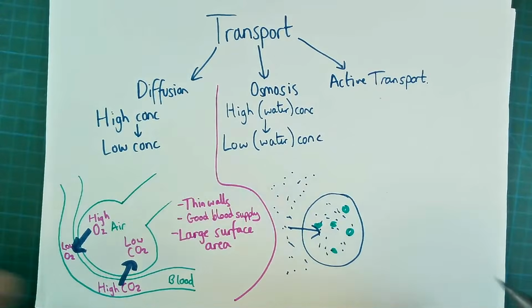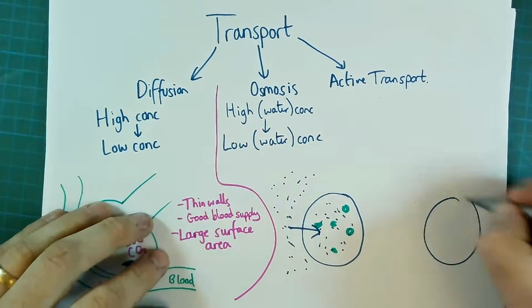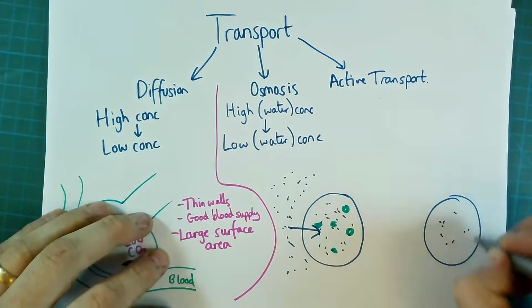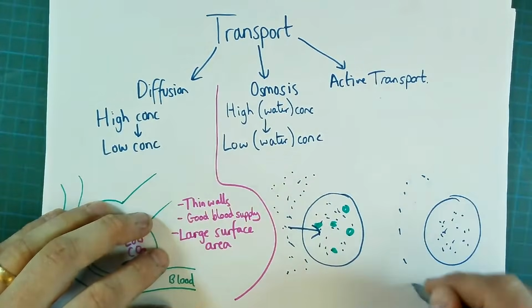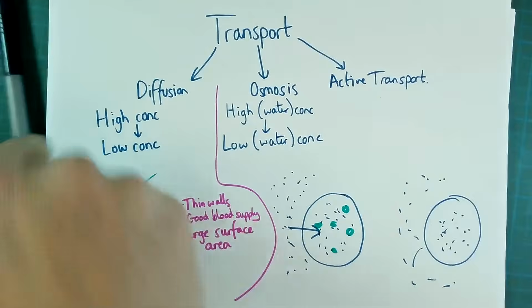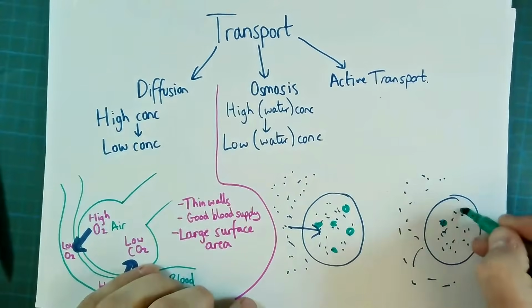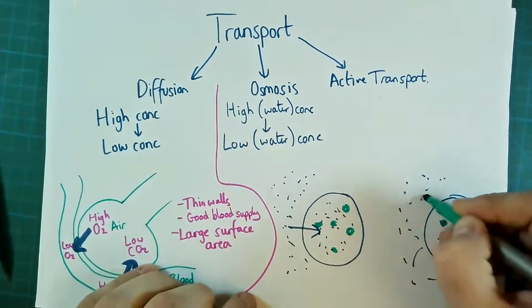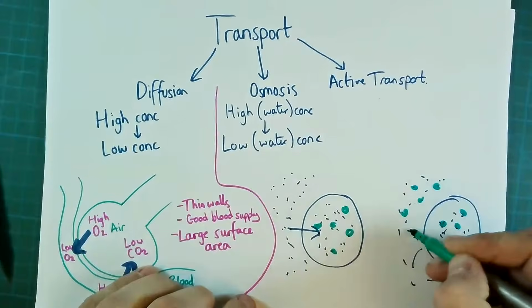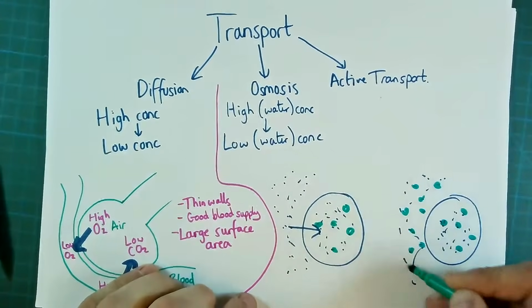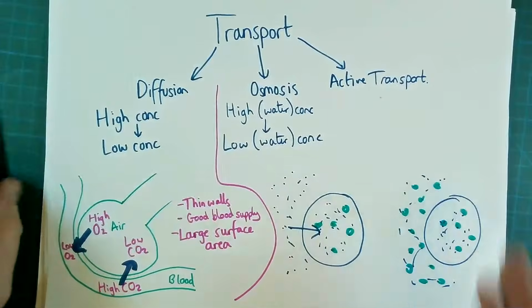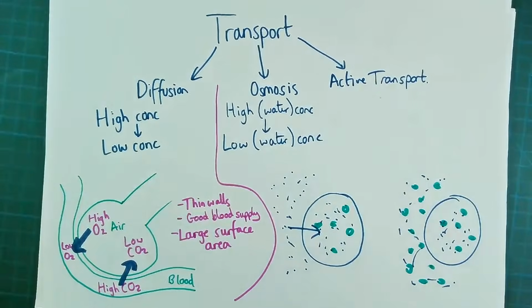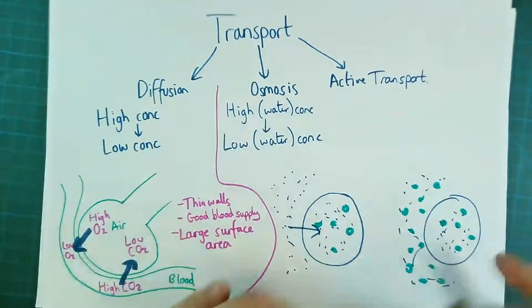If I was doing this with, let's do the same thing, and we'll put it in, but this time we'll put it in really sugary water. So I've got the same amounts inside. Now in this case, I've got more water concentration inside the cell than outside the cell.